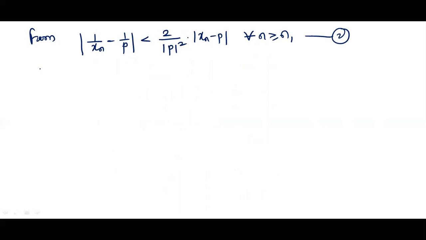Now see, 2 by mod p square is positive, epsilon is positive.